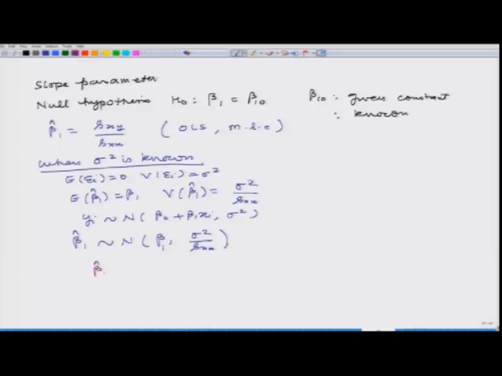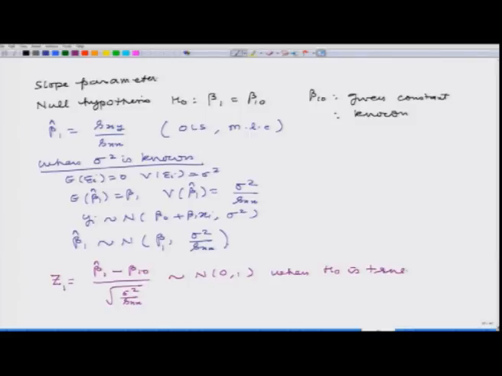Beta 1 hat minus beta 1 naught divided by the square root of sigma square over Sxx follows a normal distribution with mean 0 and variance 1 when H naught is true.